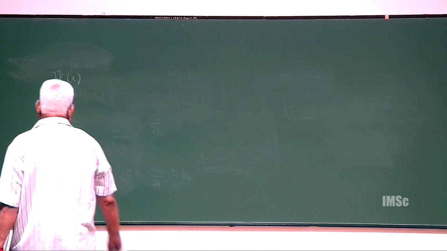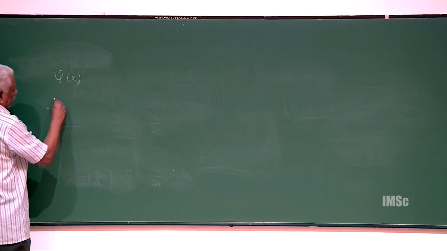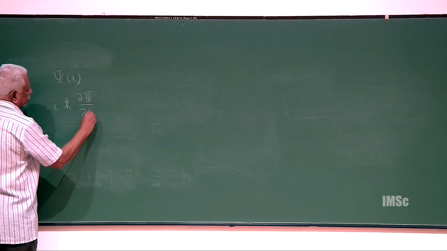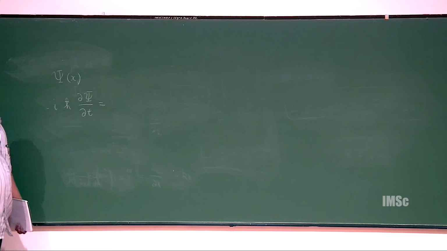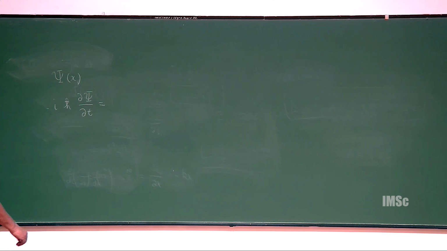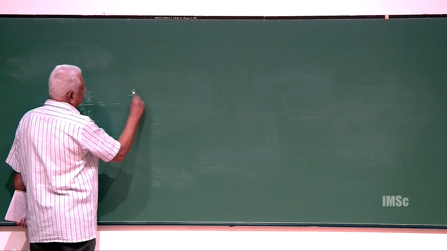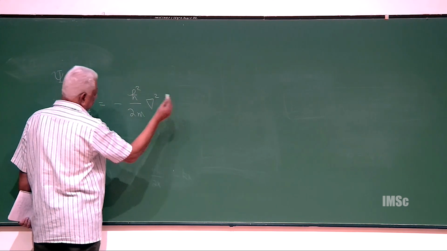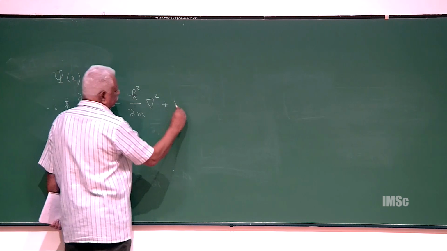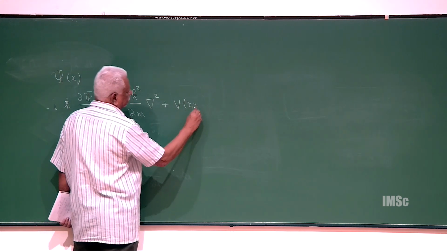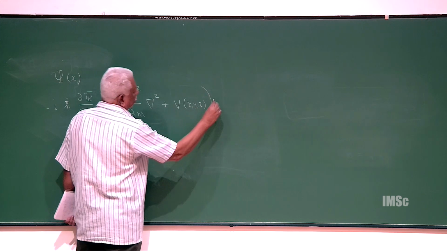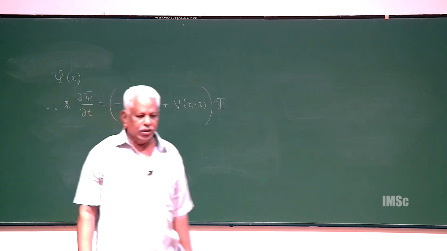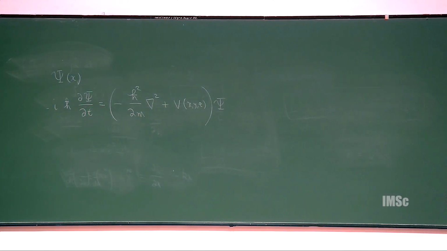That equation is minus i h bar d psi by dt is equal to minus h bar square by 2m del square psi plus V of x y z, psi. That is the equation which is a wave equation.